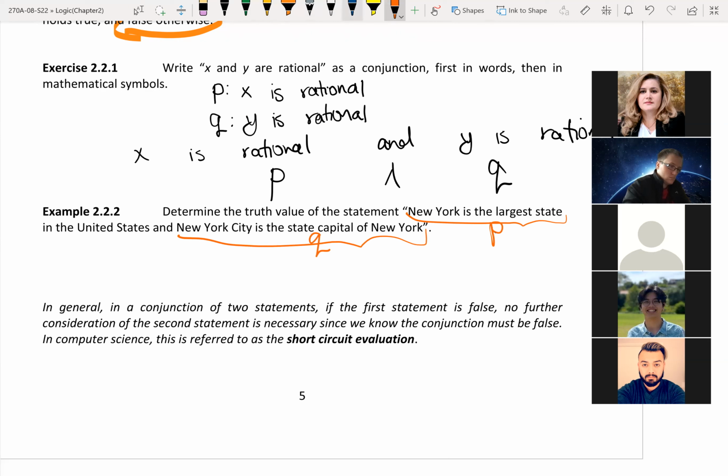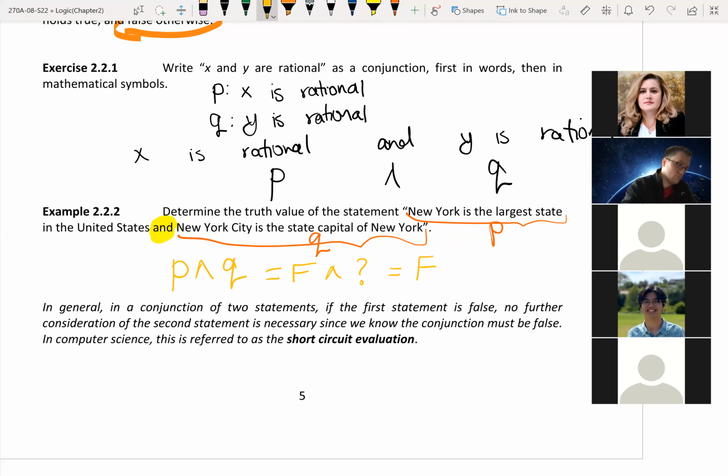So what do I have here? False. Which one is false? The first one, the P. Is the second one true? Yes. Wait, does it matter? No, it doesn't matter.